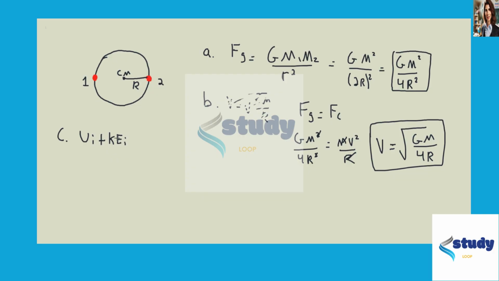A lot of times we're doing initial energy equals final energy, but in this case we're asking how much energy we need to separate the two. Really what we're saying is how much work we have to add to the initial energy of the system in order for it to become this final state where the two masses are infinitely far apart. So it's this W that we want to find, which tells us how much work we have to do.